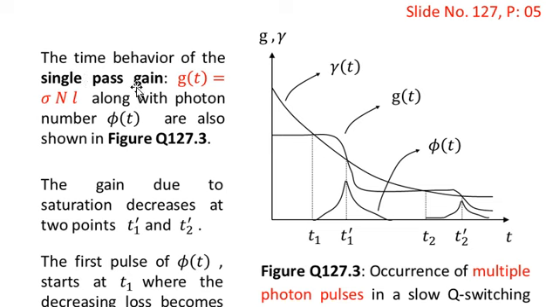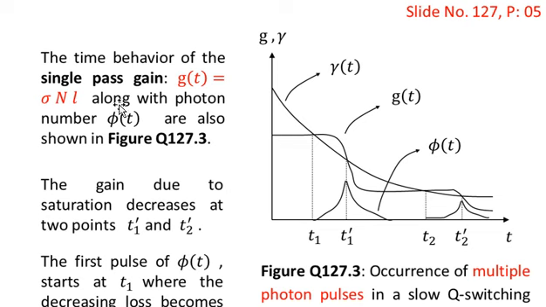The time behavior of the single pass gain is given by g of t equal to sigma times N times L, where L is the length of the active medium, capital N is the population inversion, and sigma is the stimulated emission cross section, which we are considering the same for both stimulated emission and stimulated absorption.